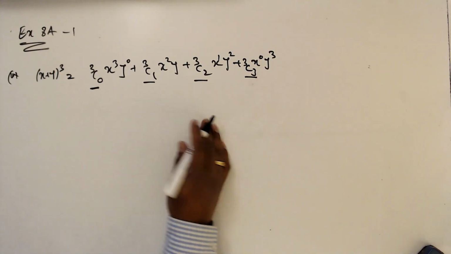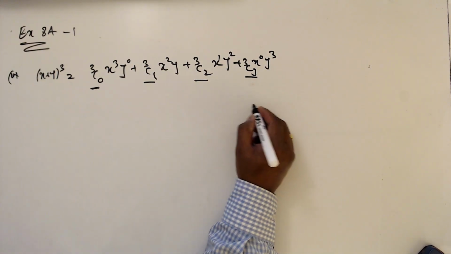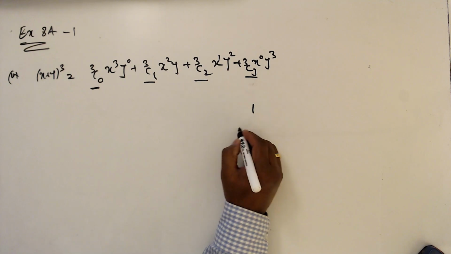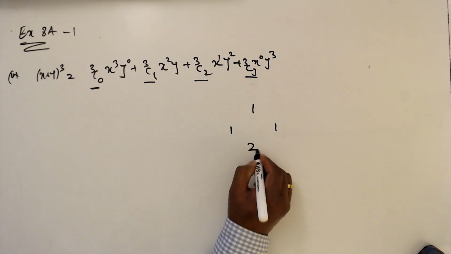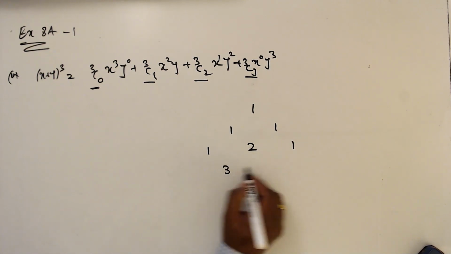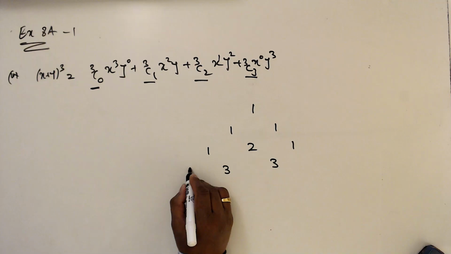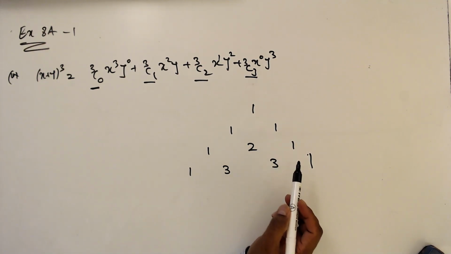Okay, we'll look at this one. The Pascal triangle: 1, then another 1, then 1 plus 1 is 2, then 2 plus 1 is 3, 2 plus 1 is 3, and this one. So which row now?